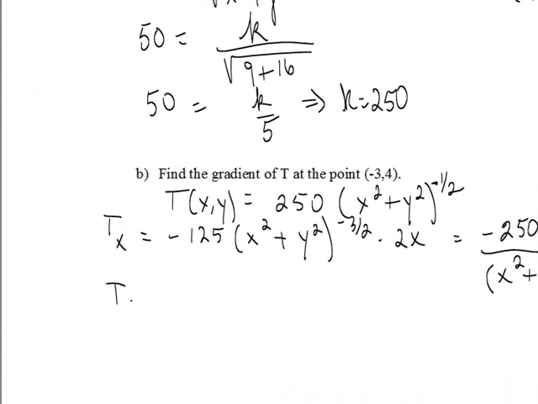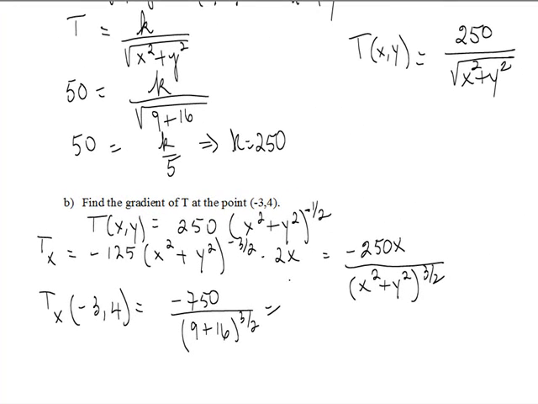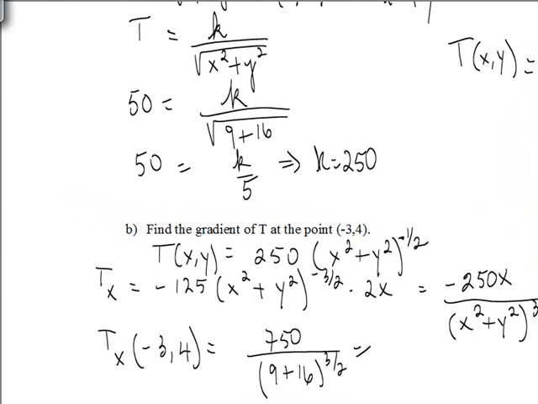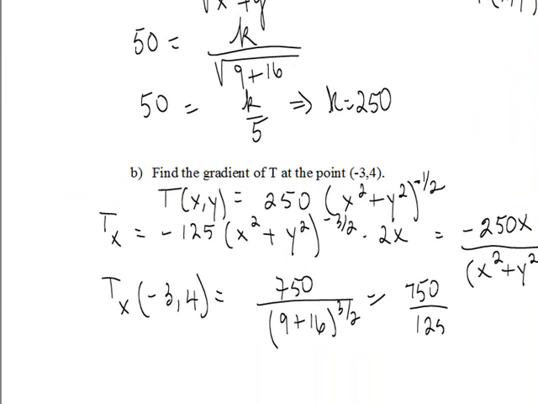Now right away let's find T_x at the point (-3, 4), which is -750 over (9 plus 16) to the 3/2. Is it positive 750? Positive 750, thank you. And this works out to be 750 over the square root of 25, which is 5. 5 cubed is 125, which is 6.